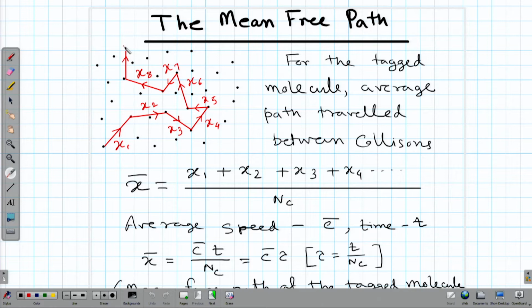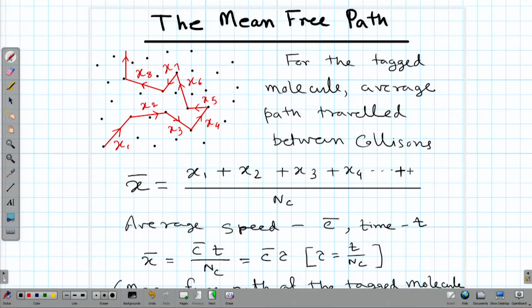So, let us assume that somehow we manage to tag one gas molecule and I can very accurately measure the distances x1, x2, x3 up to a certain number. Let us say altogether I have nc such numbers, nc being the total number of collisions.